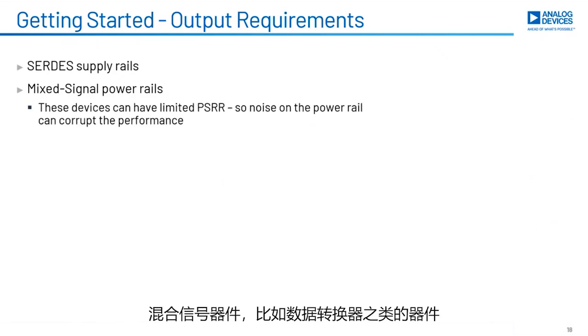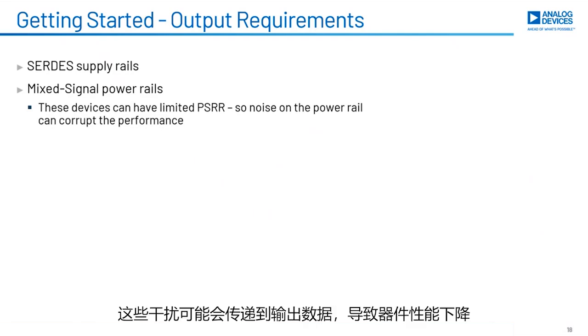So mixed signal devices like data converters, things like that, have a limited power supply rejection ratio. So the power rail for the ADC or DAC, if you have deviations or noise on that supply rail, they may come through to the output data and corrupt the performance of the device.